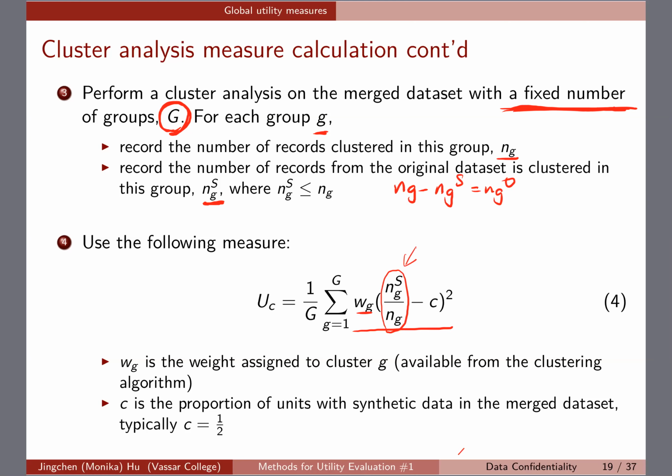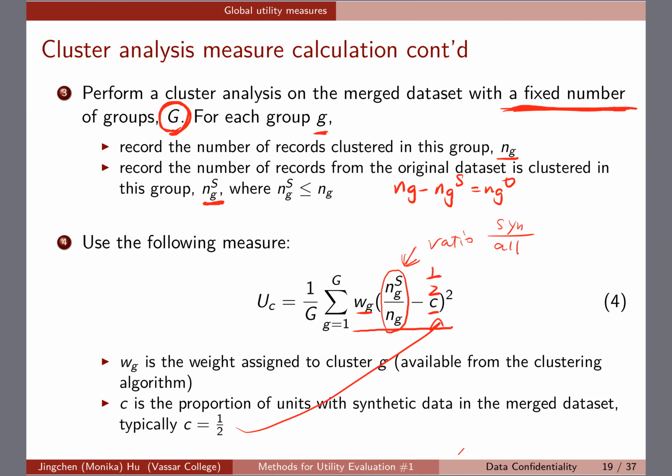So this is the ratio of the synthetic over all of them. Then we subtract C, and as it turns out, C is going to be 1 over 2, because in our merged data set, half of the observations are from the original and half are from the synthetic.